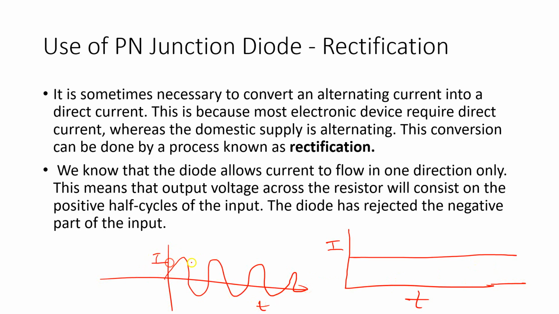So we sometimes need to rectify an alternating current. Rectification is simply that process through which we convert an alternating current into a direct current using a PN junction diode. All right, and we're going to look at how we do that now.